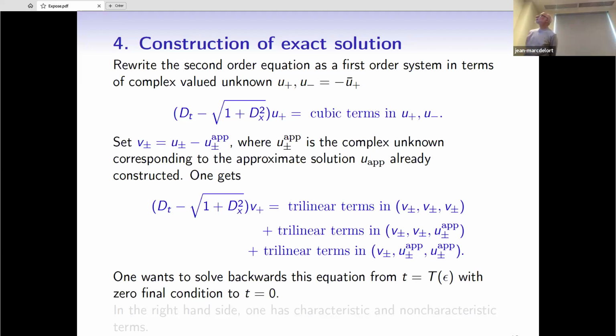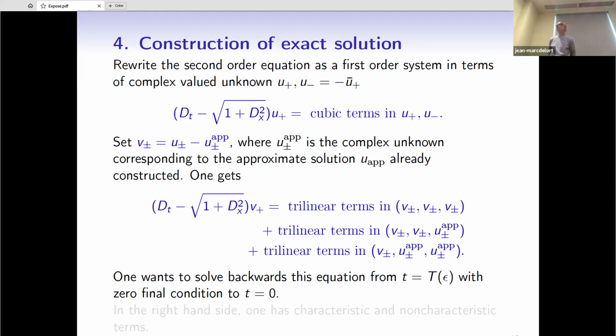So from the approximate solution of the second order Klein-Gordon equation, I may define a complex valued approximate solution of this star equation. I call it u plus r and u minus r for minus its conjugate. And now I study the error, namely the difference between the true solution and the approximate solution.